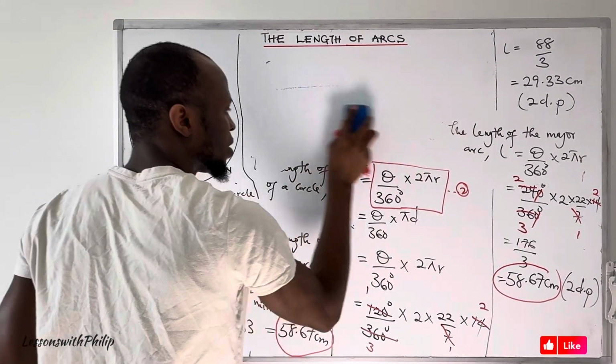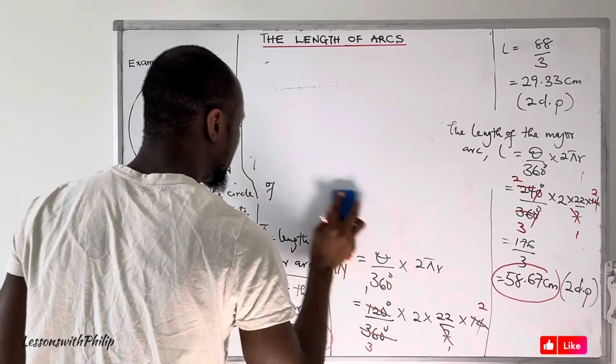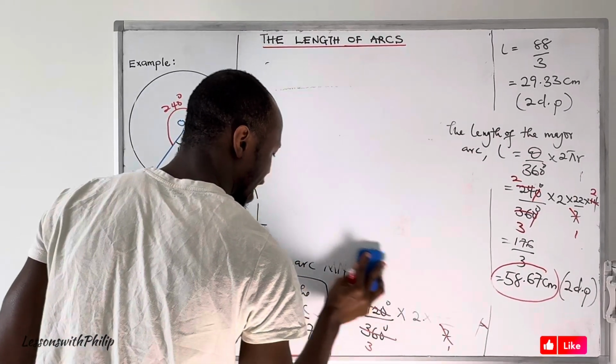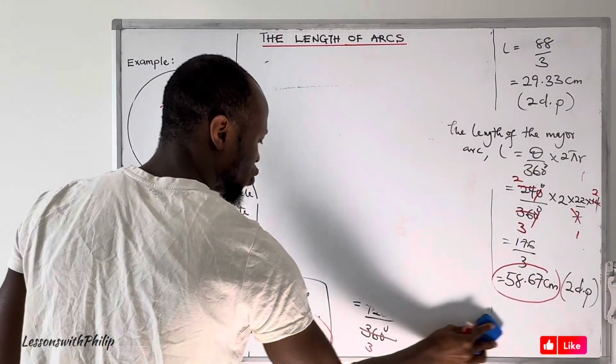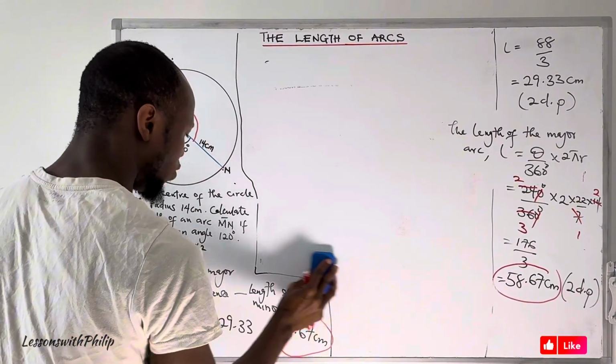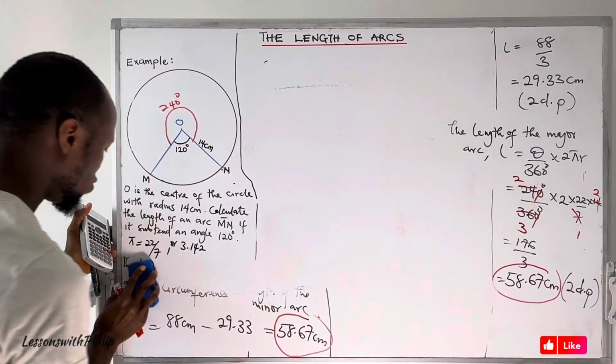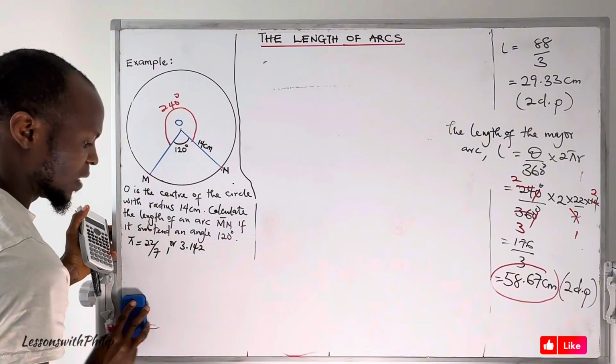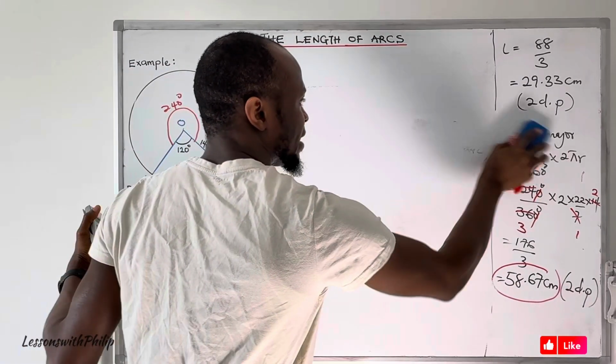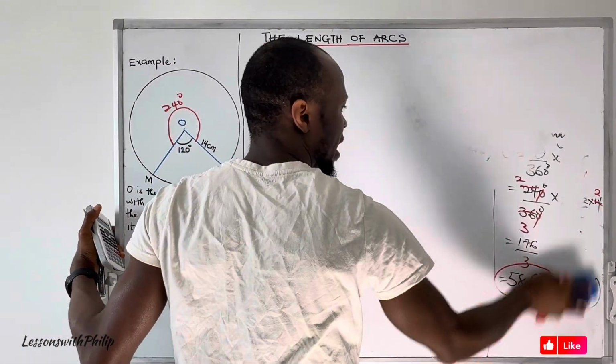Now, in another way, permit me to clean this place. Sometimes you may be given the length of an arc and be asked to find what is known as the radius or the angle that the arc subtends.